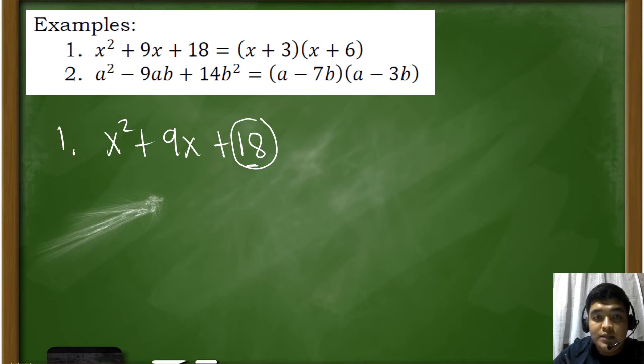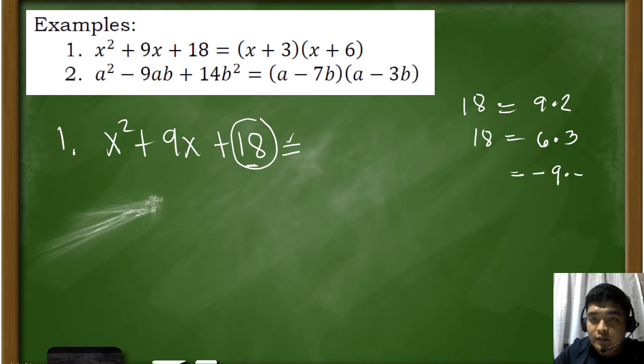What are the possible factors of 18? We have 9 times 2. Also 6 times 3. Since it is positive 18, it can be negative 9 times negative 2, and negative 6 times negative 3.